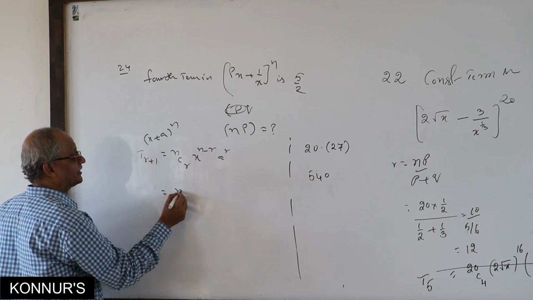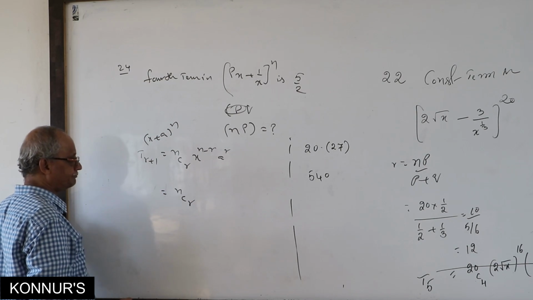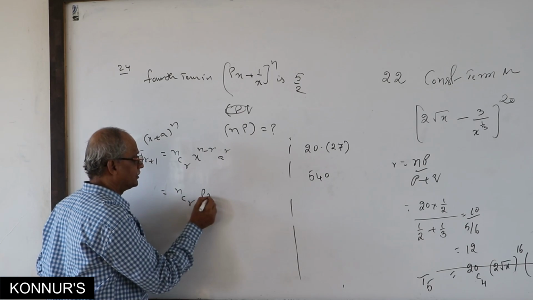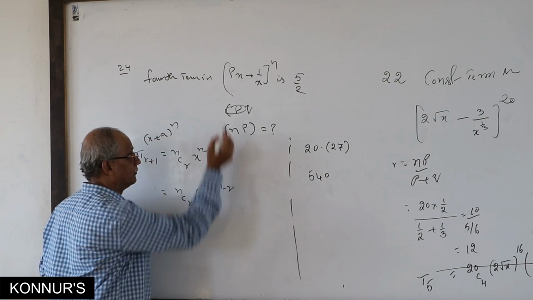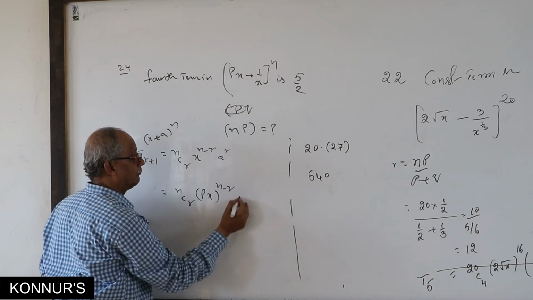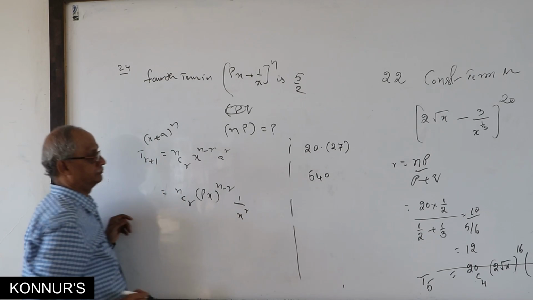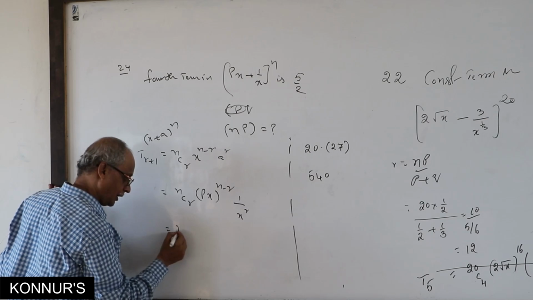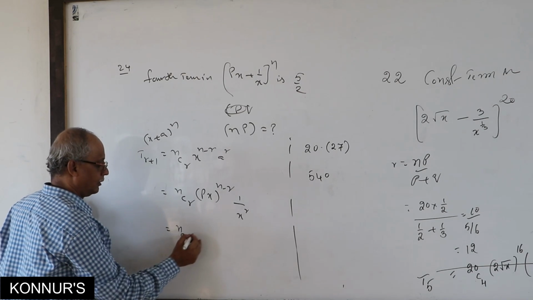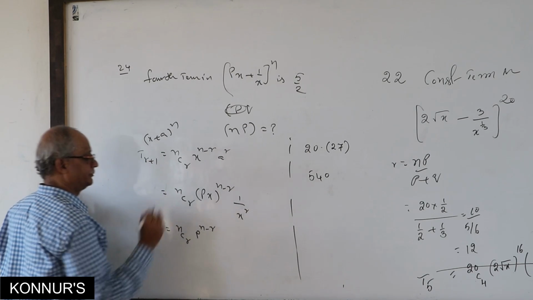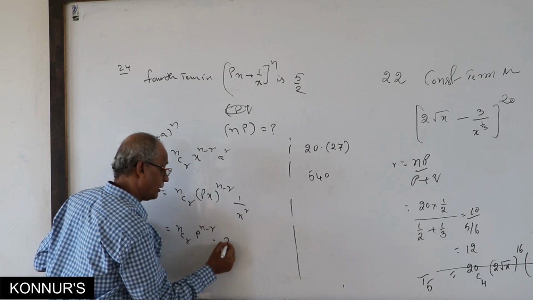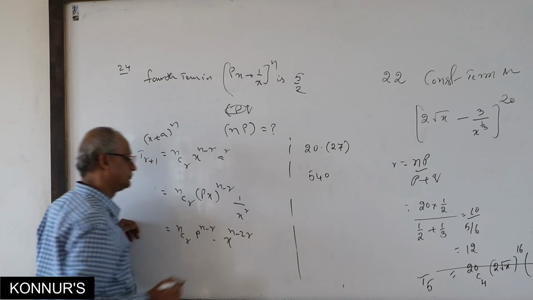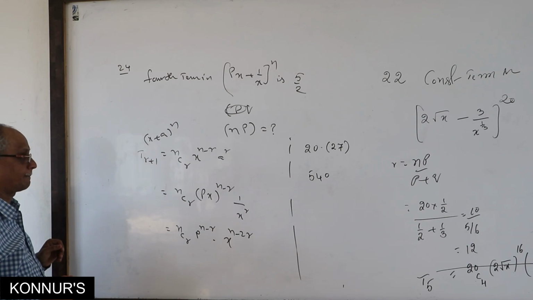Here NCR px whole power n minus r, 1 by x power r. Then NCR p power n minus r x power n minus 2r. Okay.